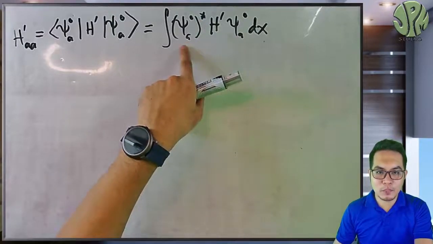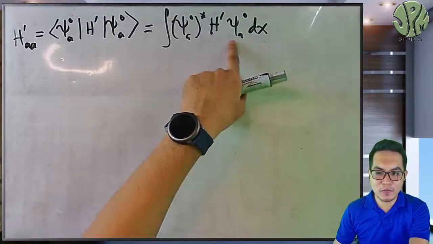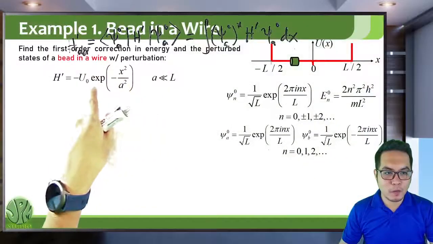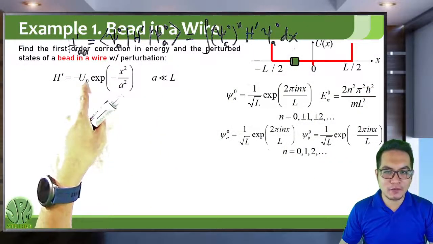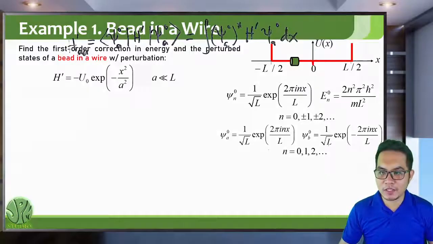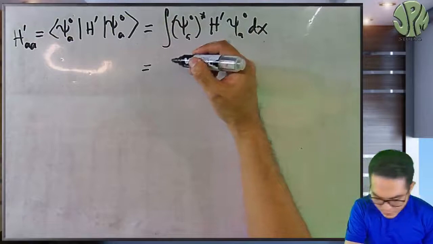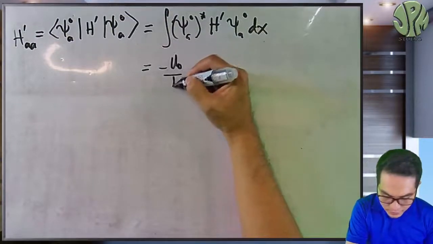You have 1 over square root of L here, 1 over square root of L here, so you get a 1 over L factor. And for our perturbation, you have a negative U naught factor, so we also take that out of the integral, and you will get negative U naught over L.